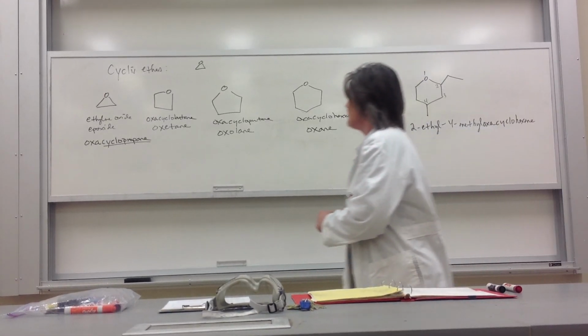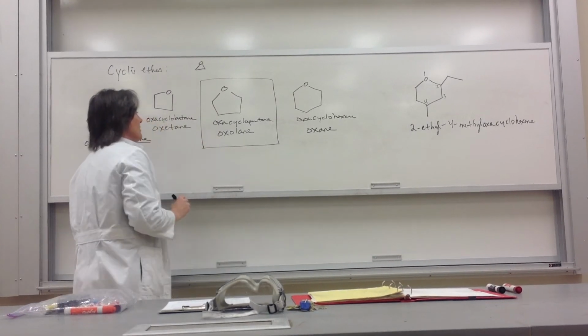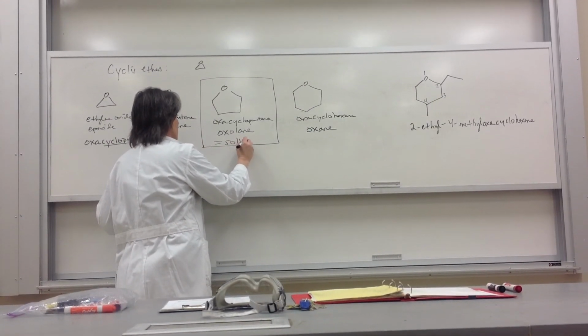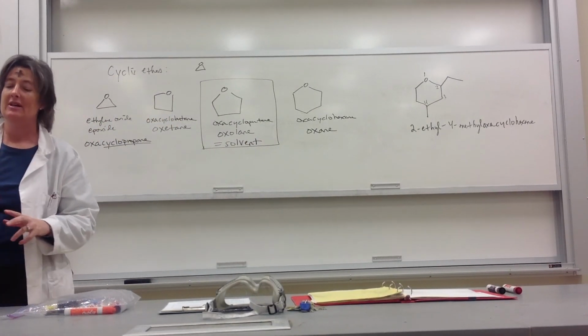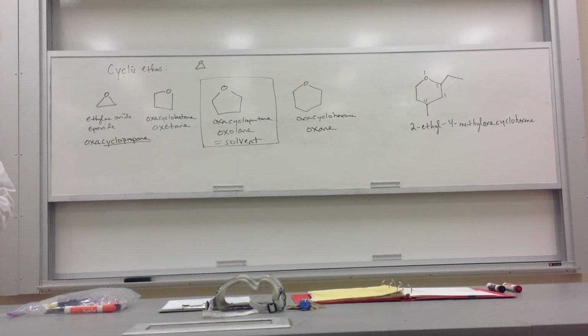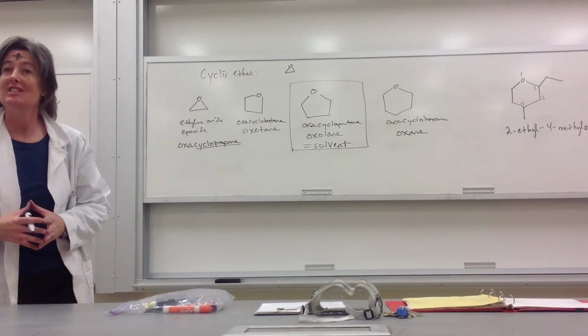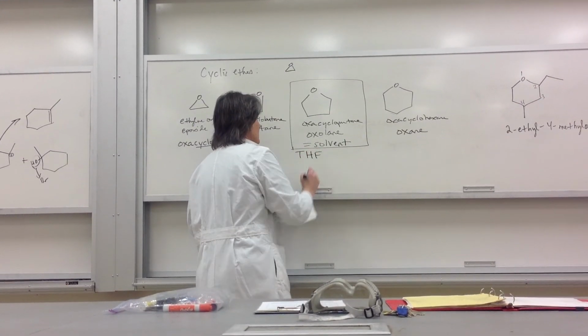As far as the 5-membered ring, let's chat about that for just a minute. This is a common solvent, a common ether solvent. Almost every OChem lab has it in the form of a still. You go to an ether still, and they call this THF. This is its common name, THF still.